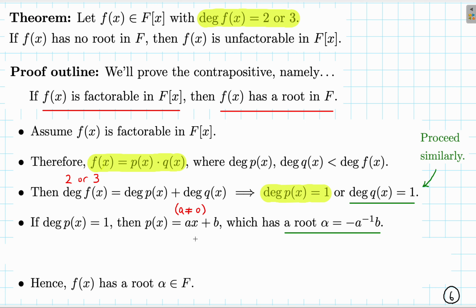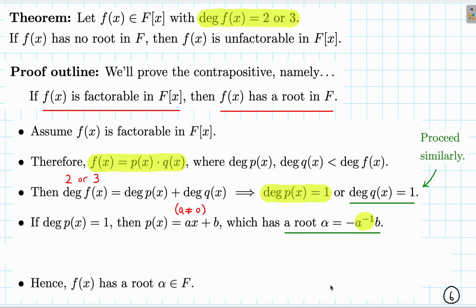And therefore, p of x has a root, namely alpha, which equals negative a inverse times b. And a inverse, or the multiplicative inverse of a, must exist because a is non-zero and because these coefficients are in a field. Once again, this is why it's critical that our coefficients come from a field.